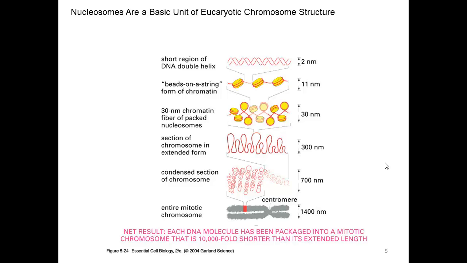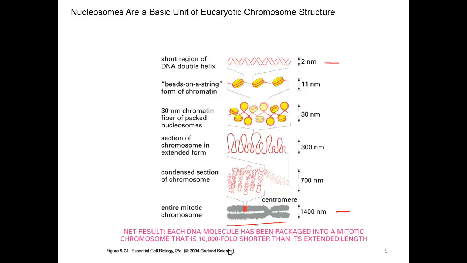On this slide, you can see various levels of organization that the chromosome undergoes as it's packaged from its free form, which extends a few meters, to its most compact form, which is about 10 microns in the longest dimension.